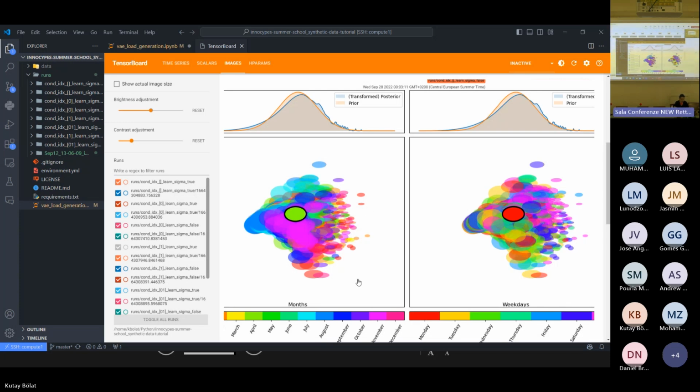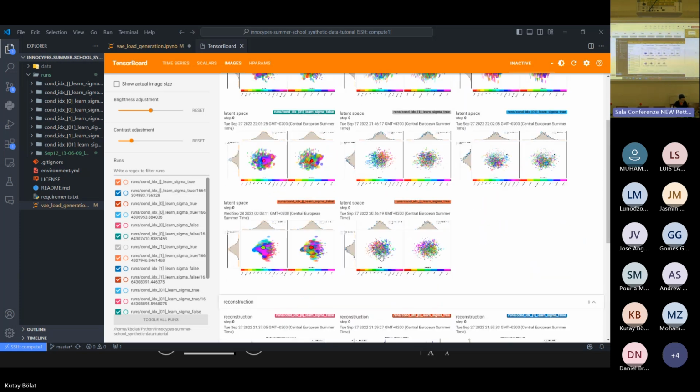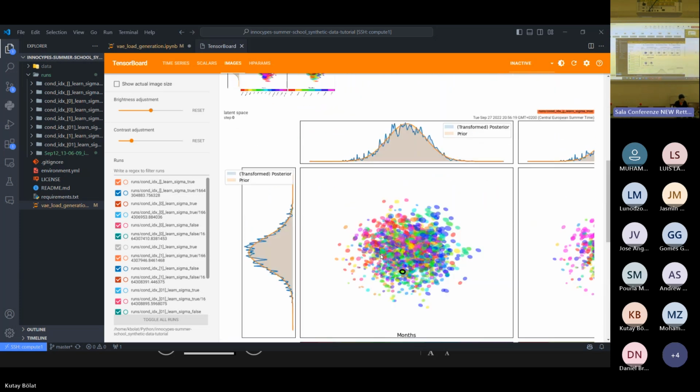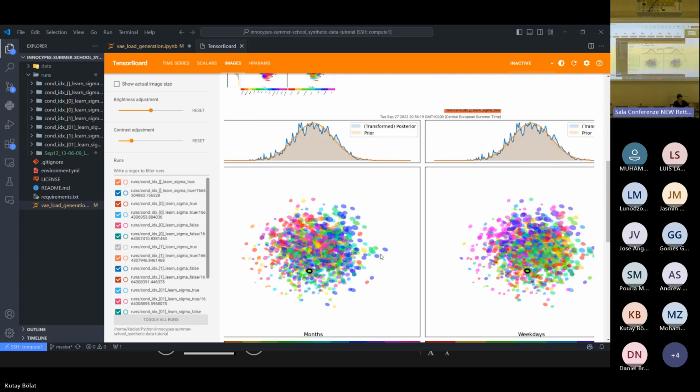Because we want to embed as much information as possible, because the latent space is also trying to hold information about the conditions, since we don't supply the conditions. If we learn the sigmas, as you can see, your latent space becomes like this. You try to overfit. It becomes like a normal autoencoder. You can see how picky this is.